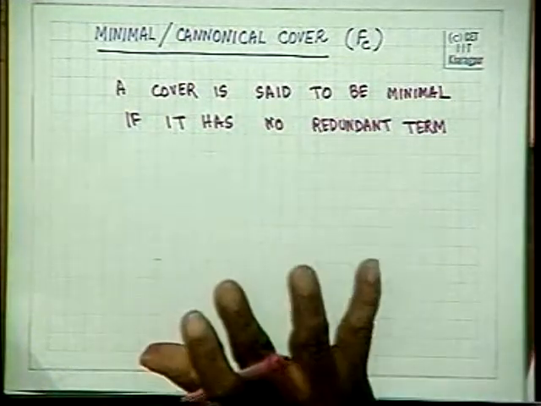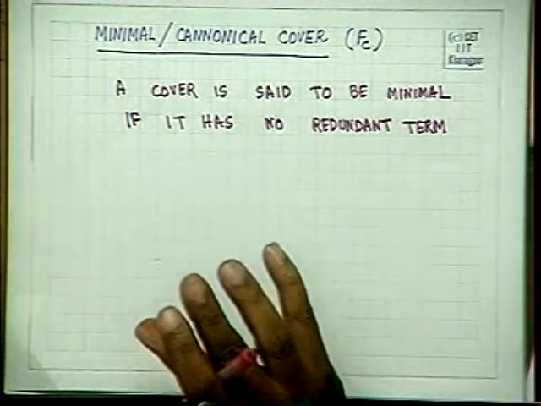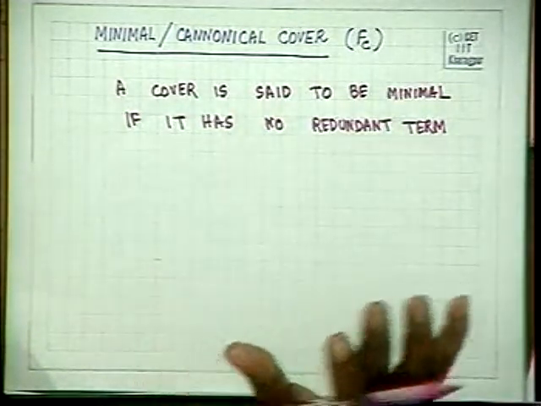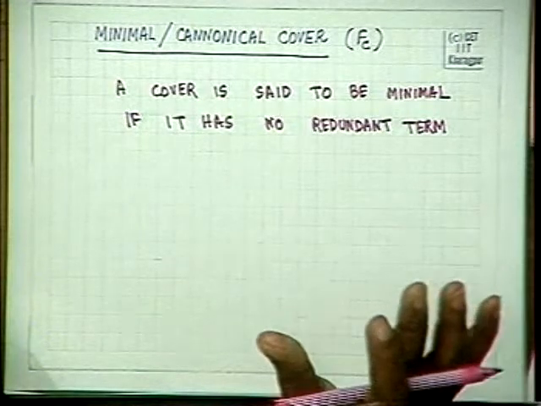That is, now we want to find a smaller set of functional dependencies so that all that which we wanted to imply, we will have.